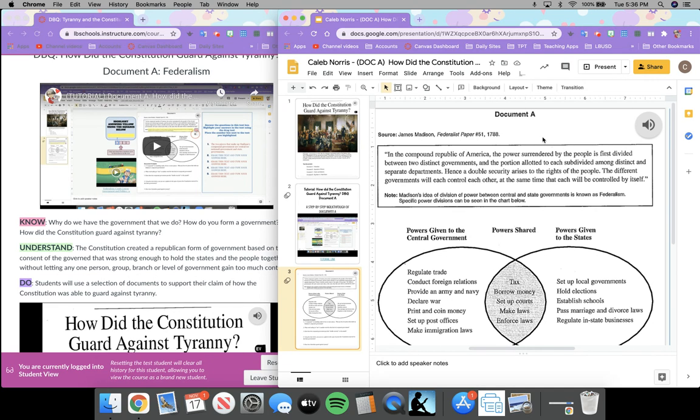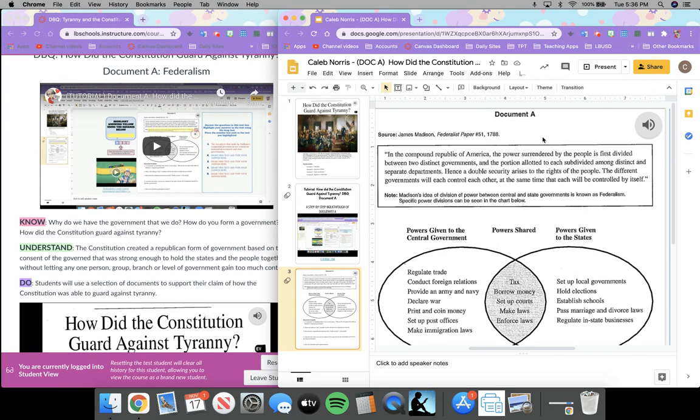His main argument here is that in creating a compound republic, the framers have really fought against tyranny. This is their best defense against tyranny, the idea of tyranny being that all of the power is given to one person or one group. By creating this idea of federalism where the government is split, no one group can have the most power.